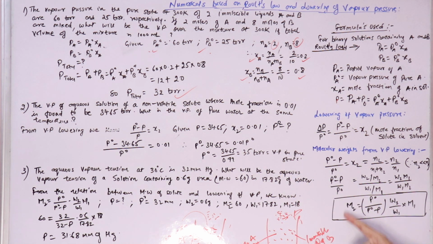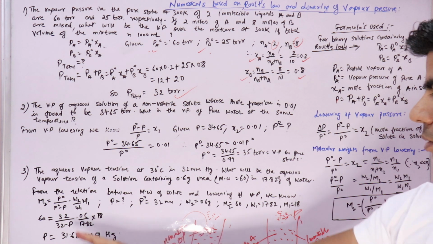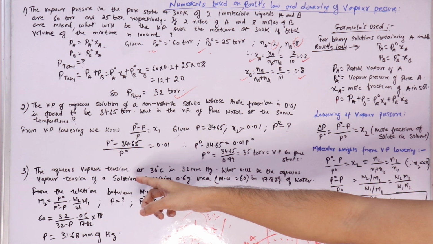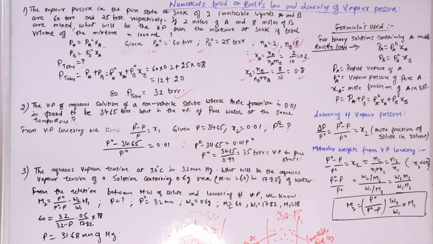Right? So from this relation we have the weight and the molecular weight of solute and solvent, which is related to the lowering of vapor pressure, right? So here aqueous vapor tension at 30 degrees Celsius is 32, right?